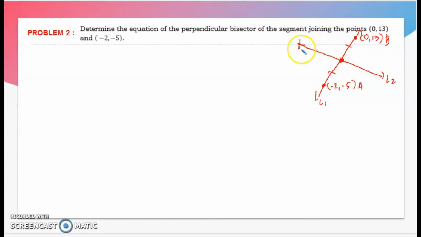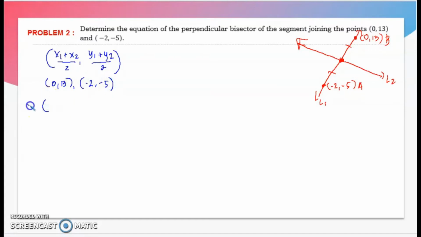Okay, so what do we need now? We need the midpoint of segment AB. So recall, to get the midpoint, that is x sub 1 plus x sub 2 over 2. And to get the y coordinate, that is y sub 1 plus y sub 2 over 2. Now, using the points of line 1, which are points A and B, 0, 13, and point -2, -5.